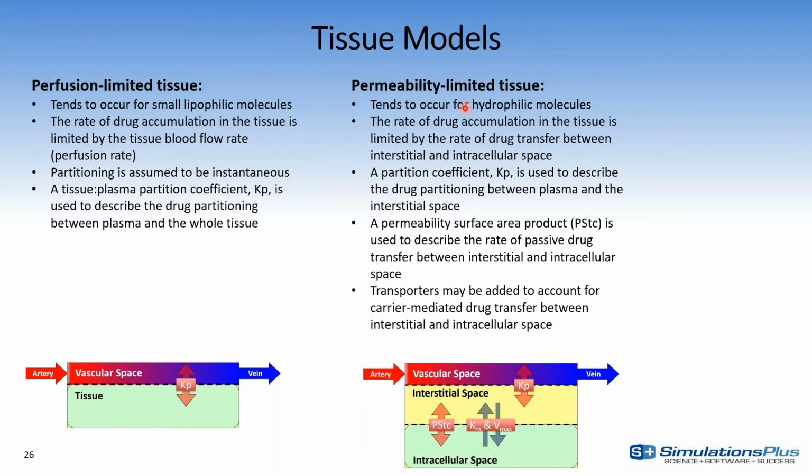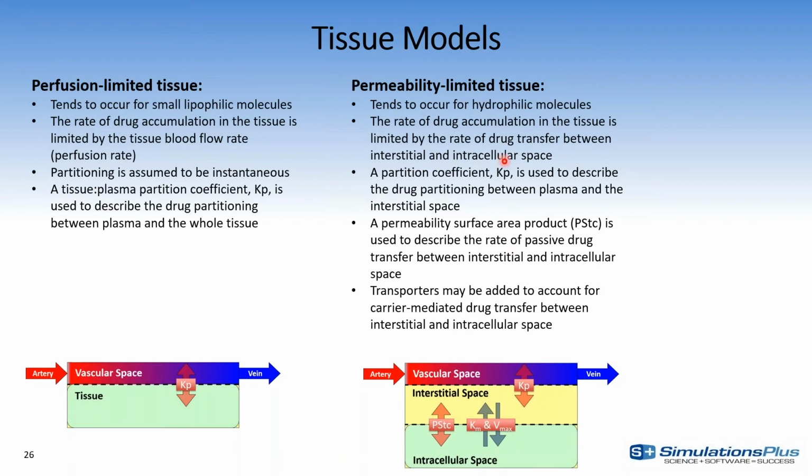For the permeability-limited tissue, when you have a hydrophilic molecule, usually larger in size, the rate of drug accumulation in the tissue is limited by the rate of drug transfer between the extracellular space and the intracellular space.